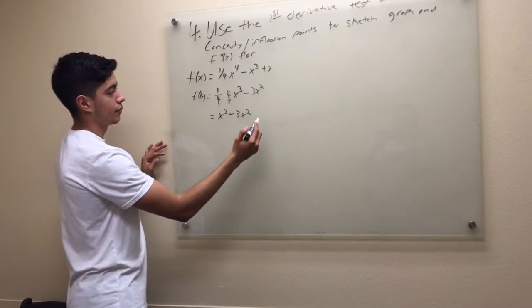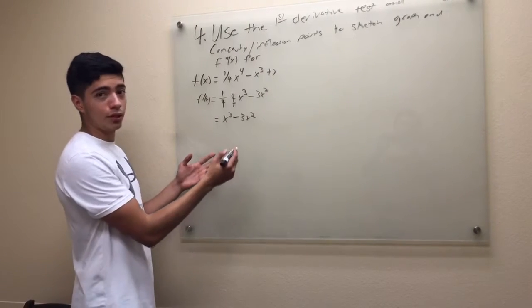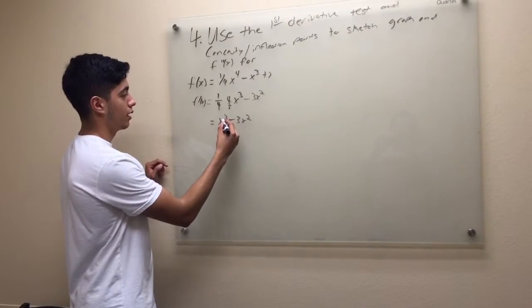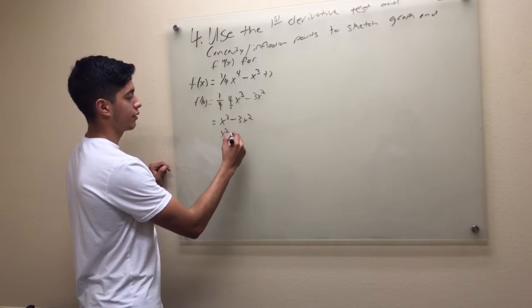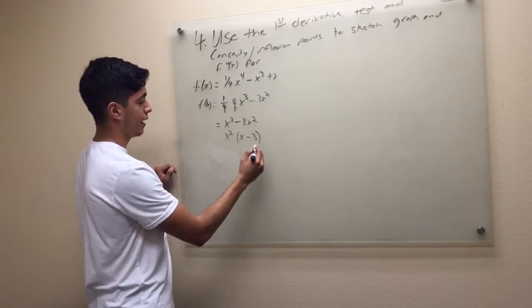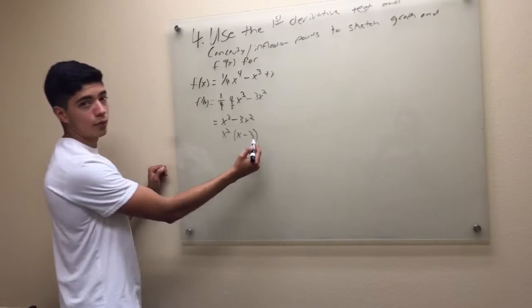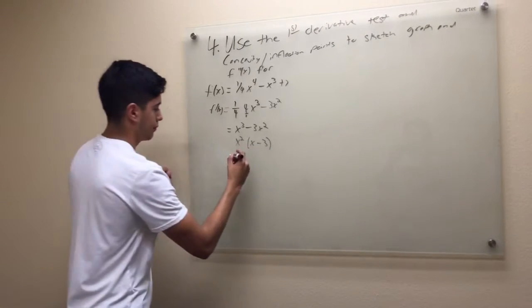And then from here, we want to set it equal to 0, but it's still kind of complicated, so we're going to factor out an x squared, which leaves us with x minus 3 inside. And now we can set both equal to 0.